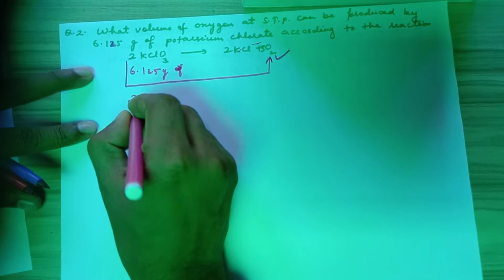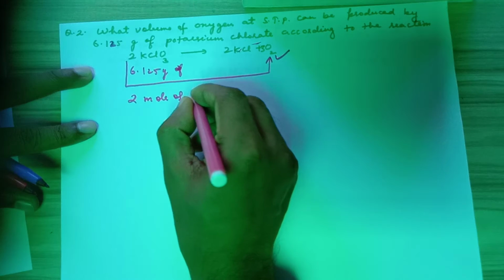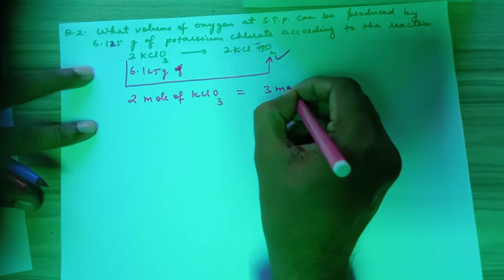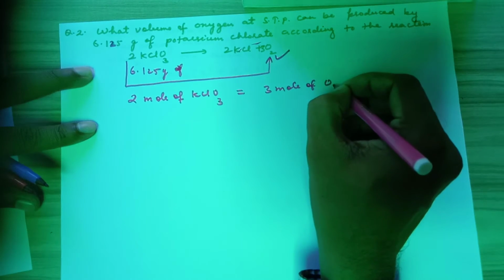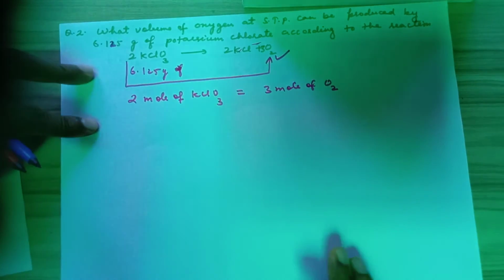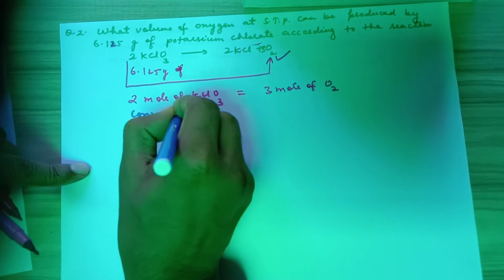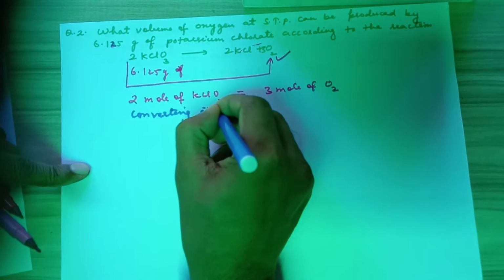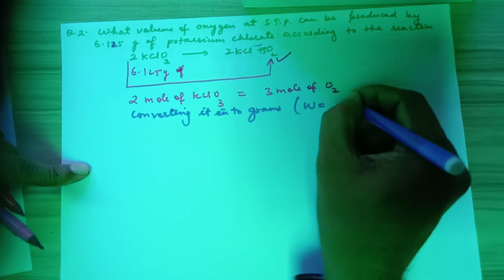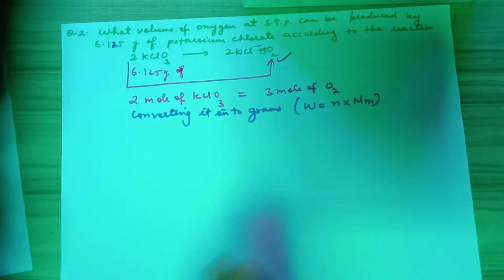So we can say that 2 mole of KClO3 gives 3 mole of oxygen. Thus we have to convert it into grams by using W equals n into mm on both the left hand side and right hand side.